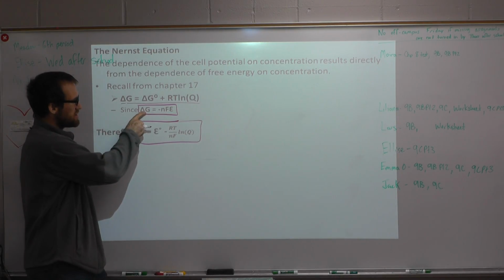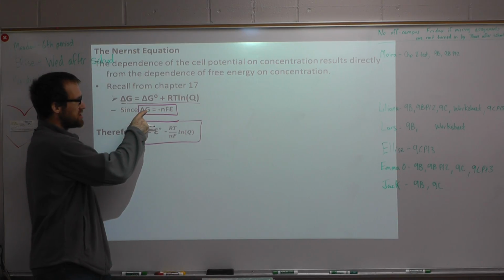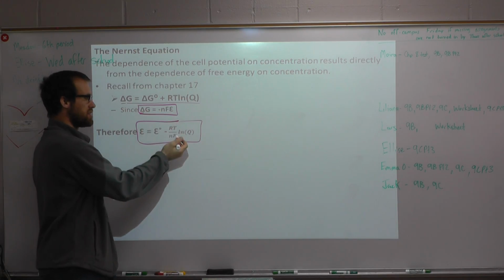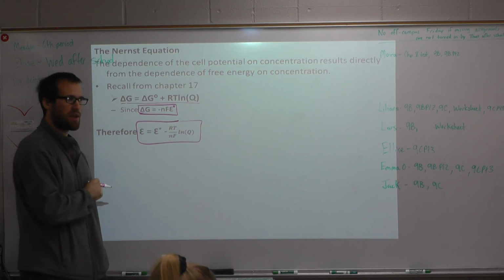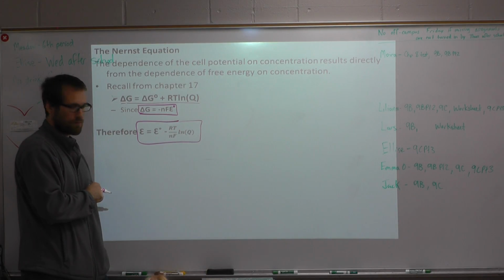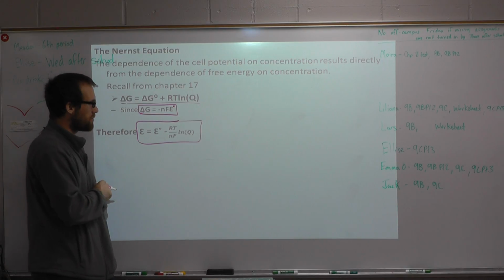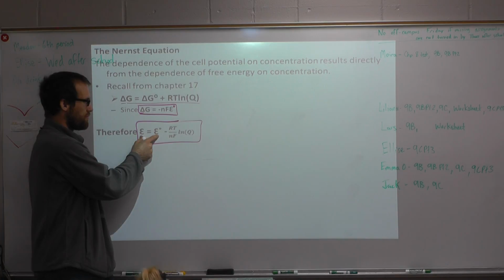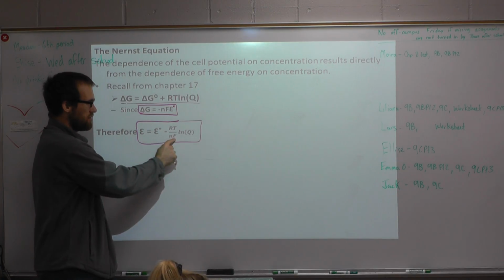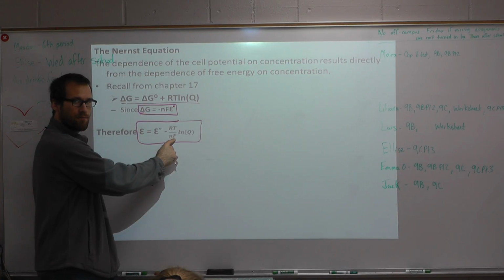So what I'm doing is plugging this in for change in G, and then the same equation, but only standard, is how we get both of those. And it's kind of complicated, but what you end up doing is both these have negative nF, and I just divide everything by negative nF to cancel these two out, and that's why you see it here. That makes sense?